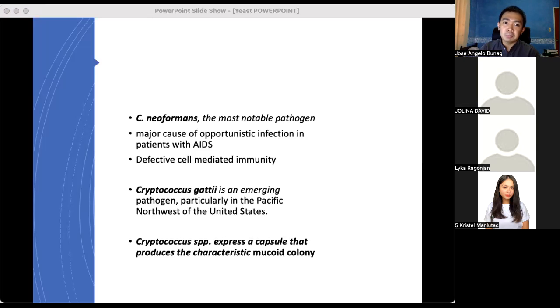Another species of Cryptococcus is Cryptococcus gattii. This is an emerging pathogen, particularly in the Pacific Northwest of the United States.